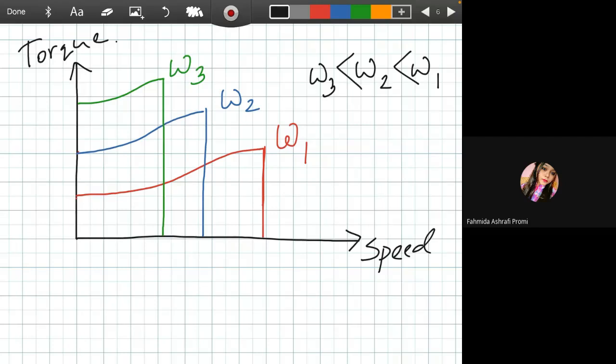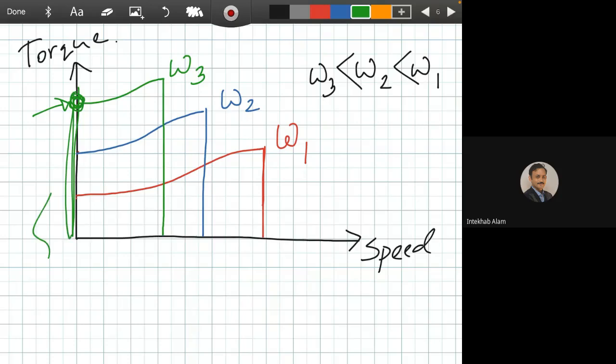So this is the control of frequency. If we start with the lower frequency, we can increase the starting torque. This line is the line of the starting torque.